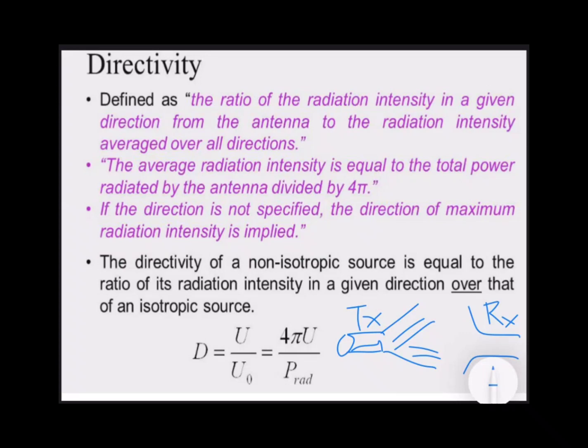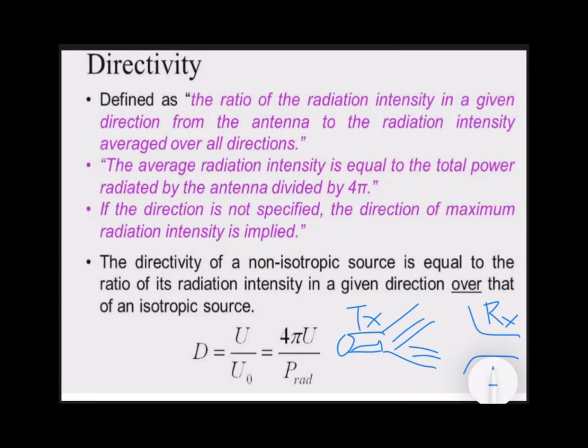And this is what we call radiation intensity, the maximum power radiated from the antenna. So when we define the directivity also, we take the ratio of the output by the input. So the output and input are relevant to the radiation intensity.